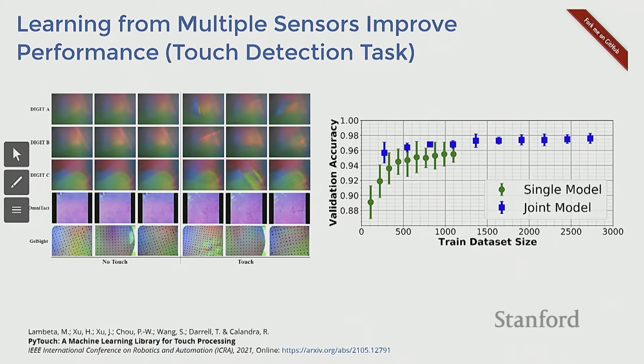And this is really cool because it starts aiming at questions of what are generalizable features for touch. Is there even such a thing as generalizable features of touch? And the answer seems to be that, yeah, probably there is, because a joint model does better than something that is trained only on that particular sensor.